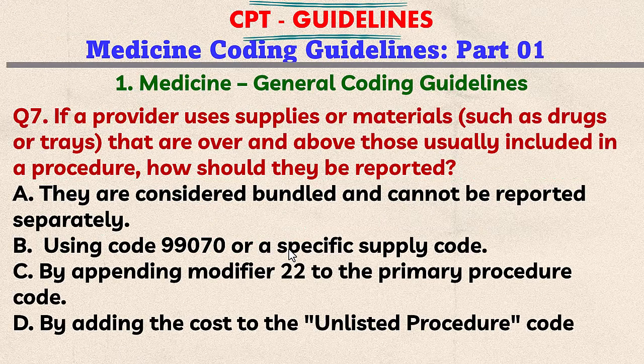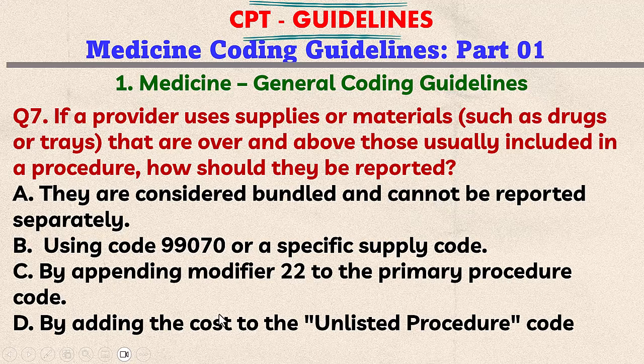Question number 7. If a provider uses supplies or materials such as drugs or trays that are over and above those usually included in a procedure, how should they be reported? A. They are considered bundled and cannot be reported separately. B. Using code 99070 or a specific supply code. C. By appending modifier 22 to the primary procedure code.